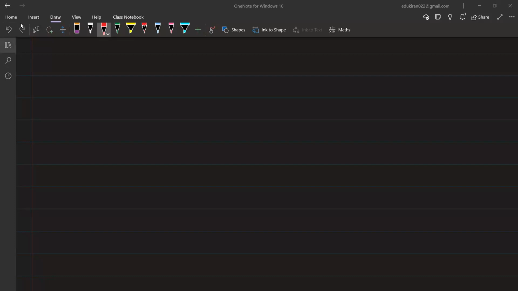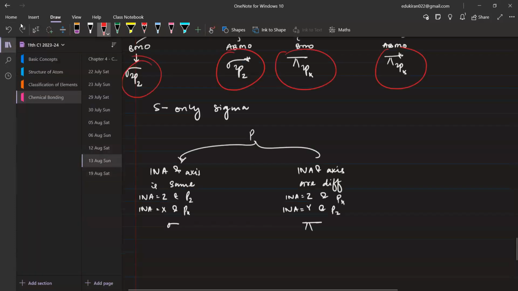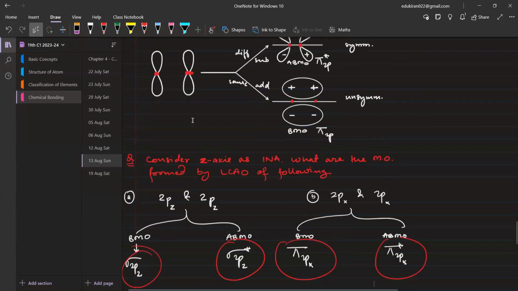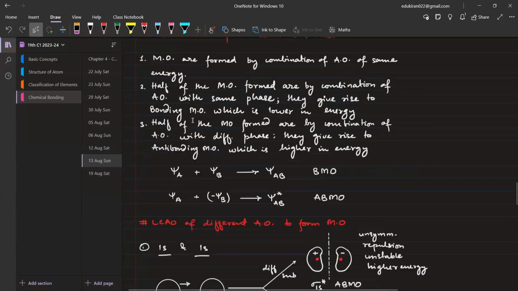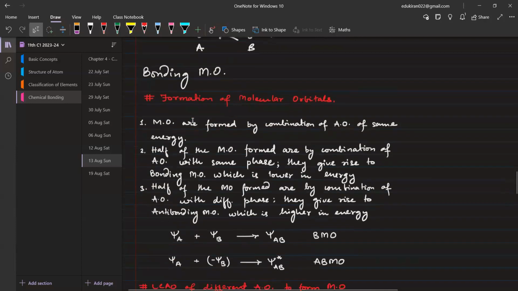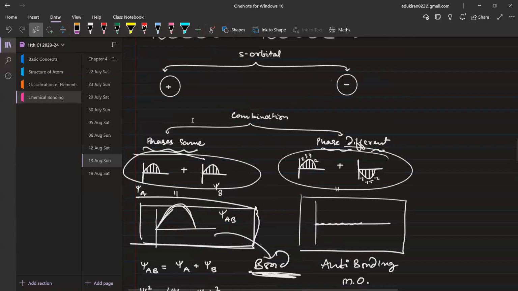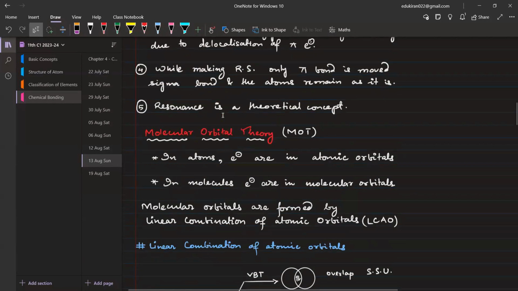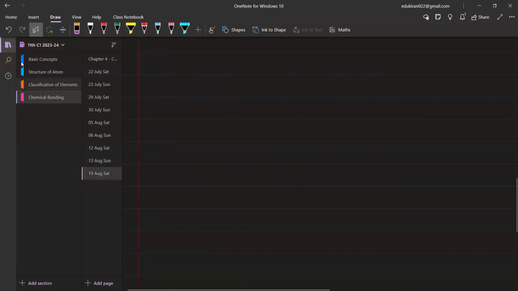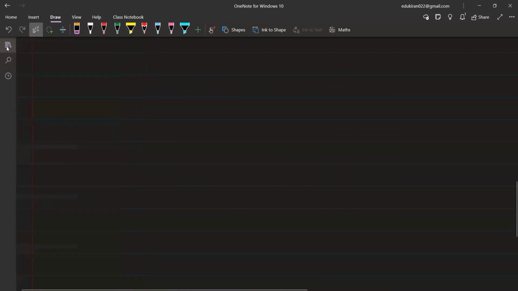I don't know whether we have written the conditions of combination of atomic orbitals. Formation of molecular orbital, yeah, done. Conditions we have not written, right? Actually, start with conditions for combination of atomic orbitals.